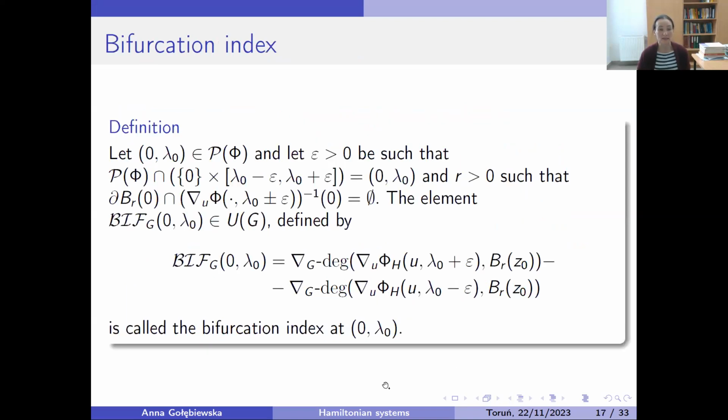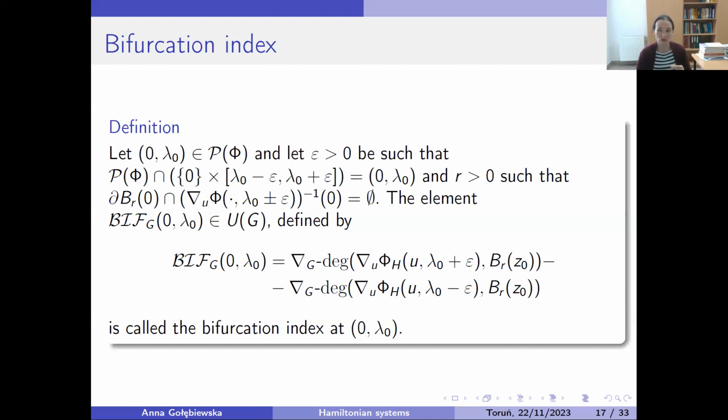And this degree allows us to define the bifurcation index. So what is the bifurcation index? We take the point at which we can expect bifurcation, a point in our set P of phi. Then we choose epsilon in such a way that this point is the only one, so we don't have any other points suspected to be a bifurcation point.